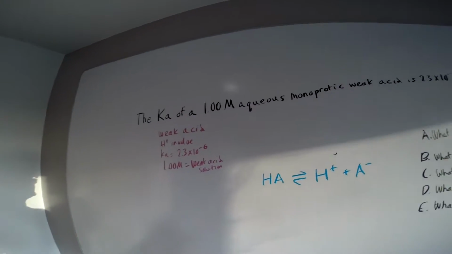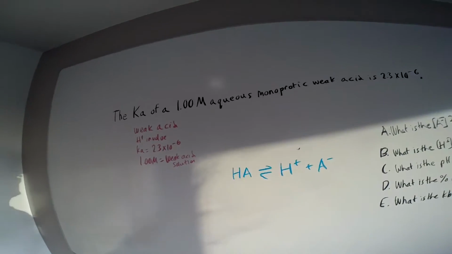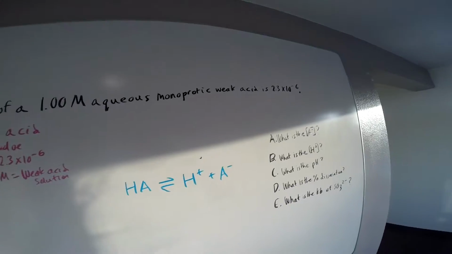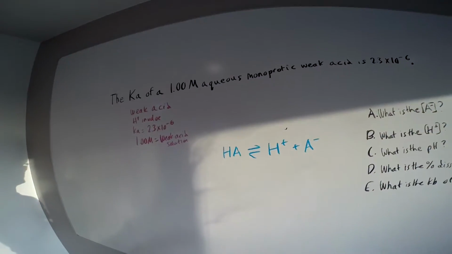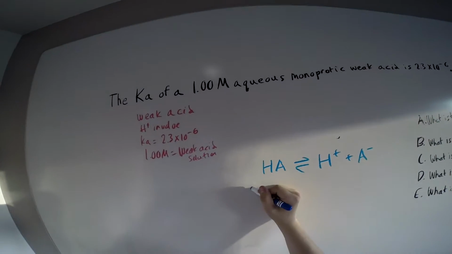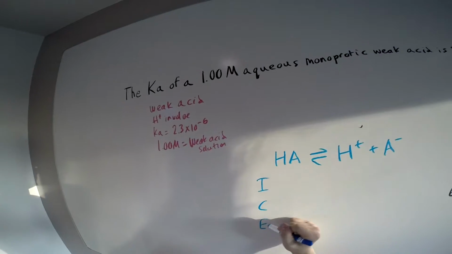And they tell us our initial value, which is 1 molar of the HA. However, we're not looking for our initial, we're looking for our equilibrium values. So the only way to find equilibrium values is to use an ICE chart. So we're going to start off with initial, change, and equilibrium.